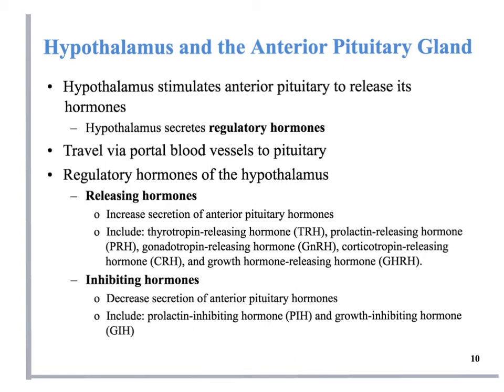Including those, you have thyrotropin releasing hormone, TRH, prolactin releasing hormone, PRH, gonadotropin releasing hormone, which is one of my favorites, GnRH, corticotropin releasing hormone, CRH, and growth hormone releasing hormone, GHRH. So basically, with the names, they're telling you what they're going to do, right?